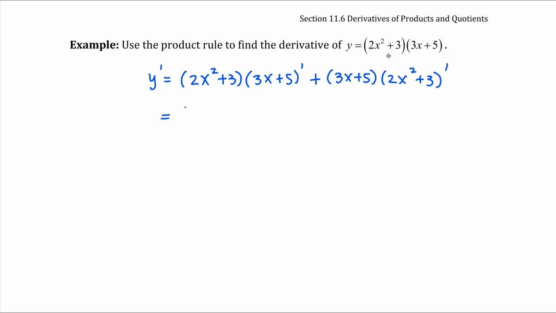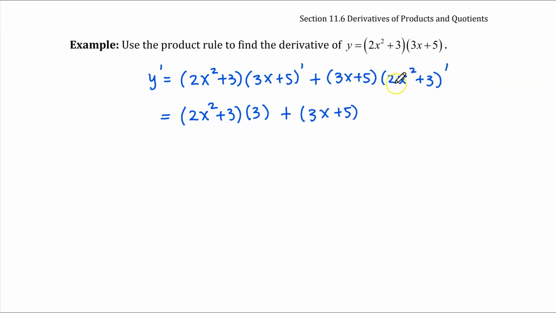This is equal to 2x squared plus 3 times the derivative of 3x plus 5, which is 3, since the derivative of 5 is 0, so times 3, plus 3x plus 5 times the derivative of the expression here.